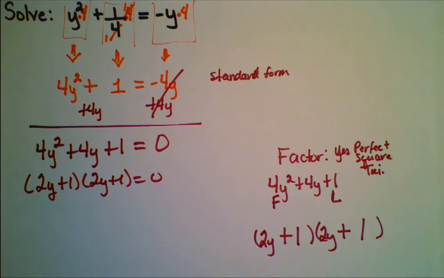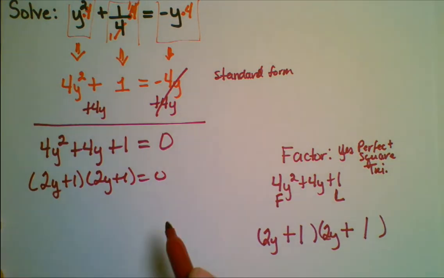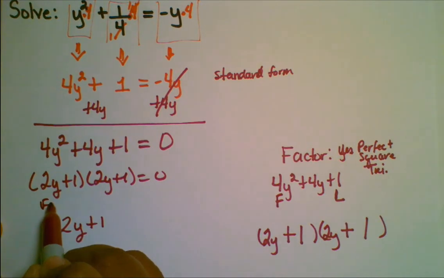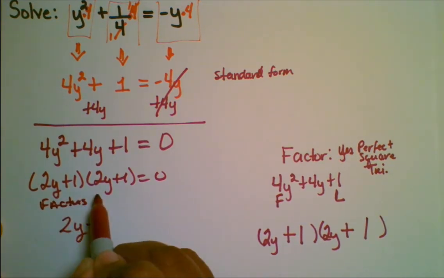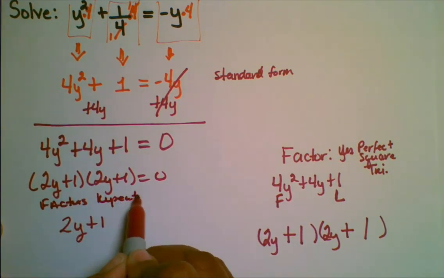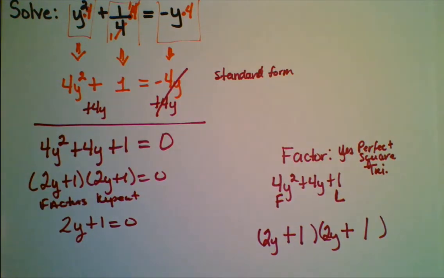In the event that you have a question like this where the factors repeat, you only need to write it once, because you're going to have the same answer. So we don't have to write 2y plus 1 equals 0 and then write it again. Just write it once and solve for y.